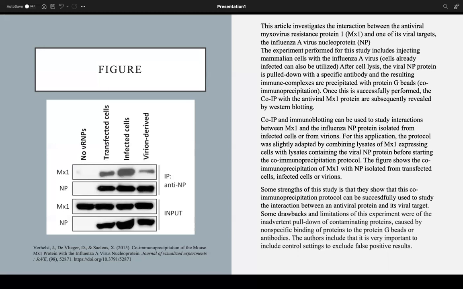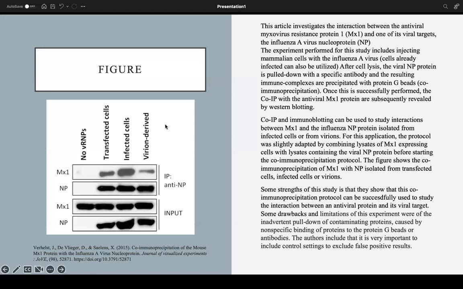Co-IP and immunoblotting can be used to study interactions between MX1 and the influenza NP protein isolated from infected cells or from virions. For this application, the protocol was slightly adapted by combining lysates of MX1 expressing cells with lysates containing the viral NP protein before starting the co-immunoprecipitation protocol.